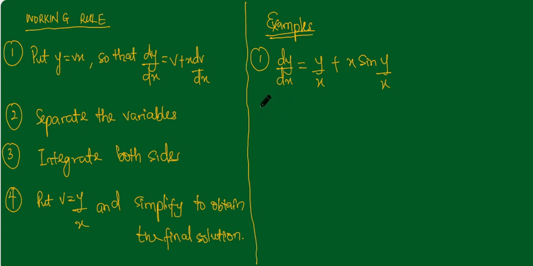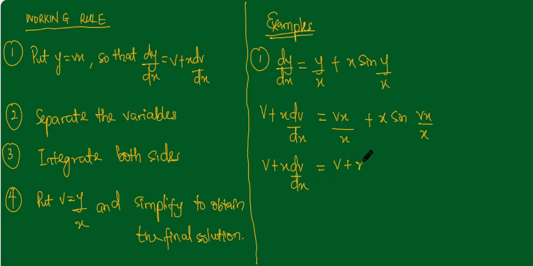So on doing that, we have v plus x dv dx is equal to vx divided by x plus x sine vx divided by x. So on simplification, we have v plus x dv dx is equal to v plus x sine v.